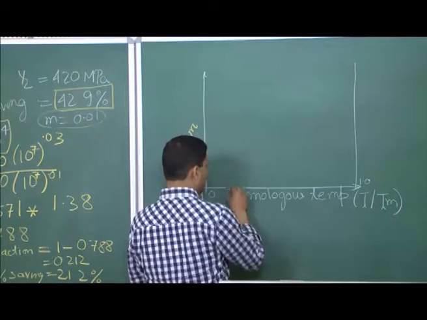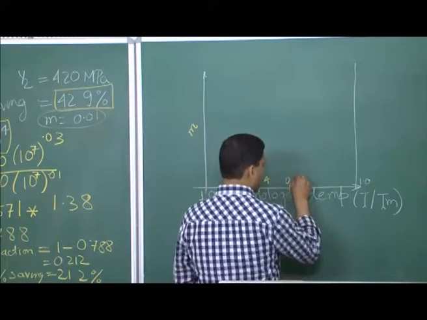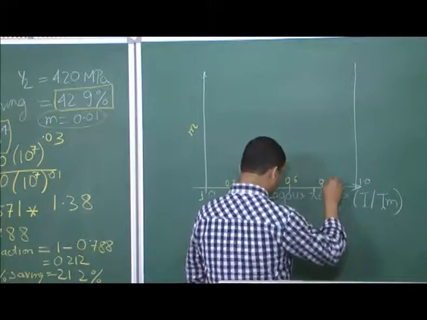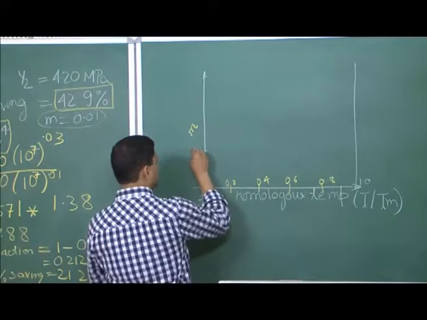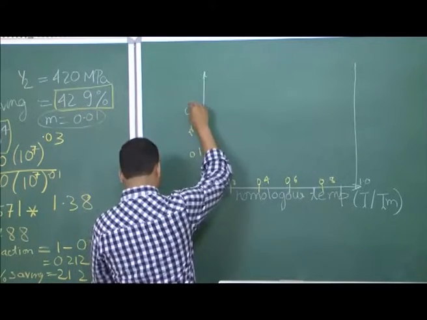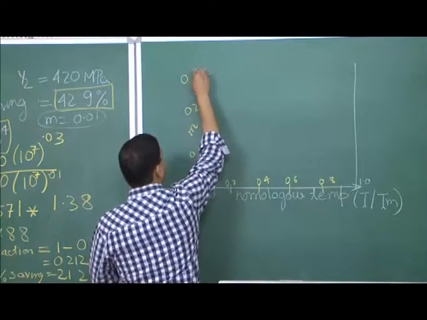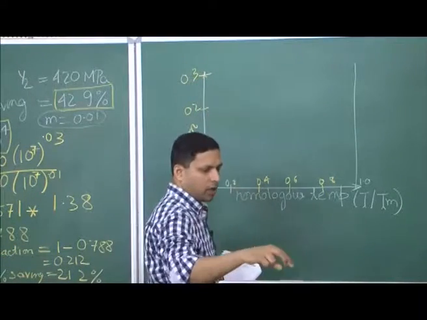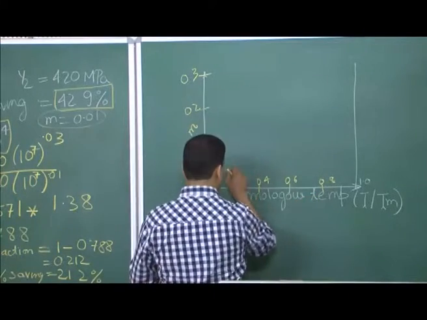So, let us say I put a scale over here, and this is m. What people have seen is that it follows a relation something like this.